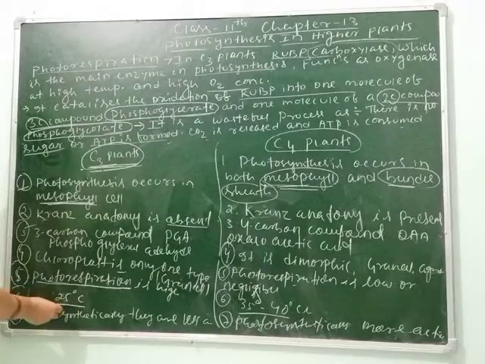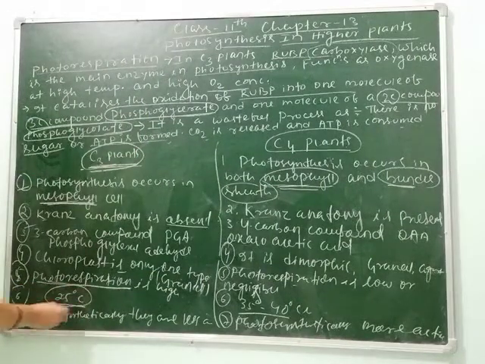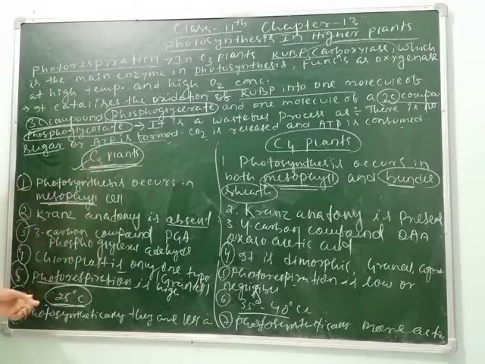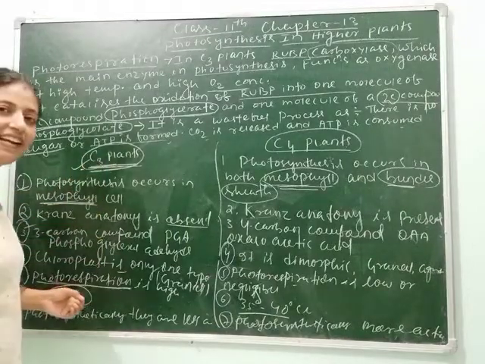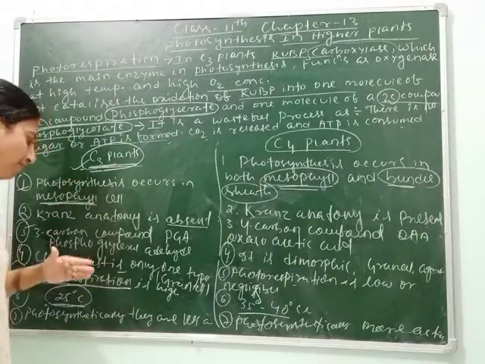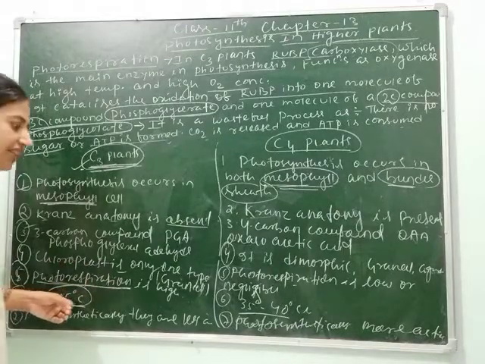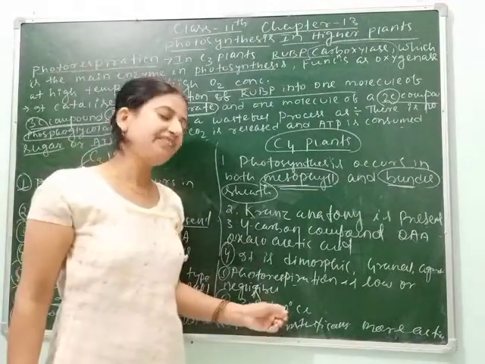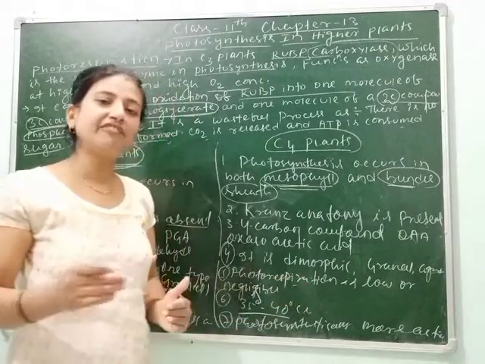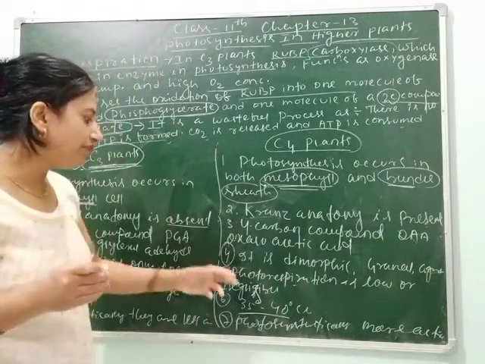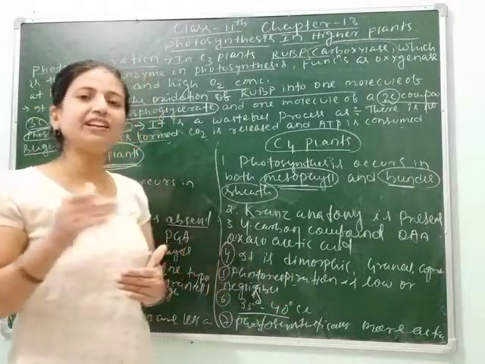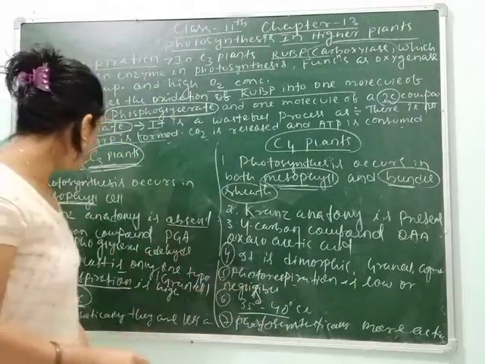Next, it functions at 25 degrees Celsius, meaning C3 plants can't resist a high temperature, so they have an optimum temperature of 25 degrees Celsius, whereas C4 plants can function or properly work between 35 to 40 degrees Celsius, meaning they can tolerate a high range of temperature.